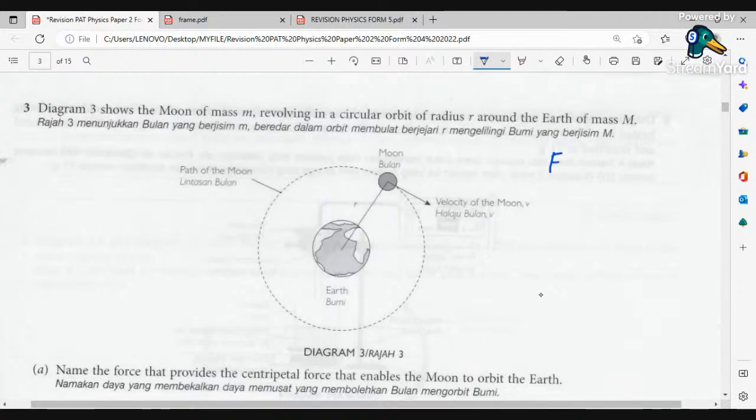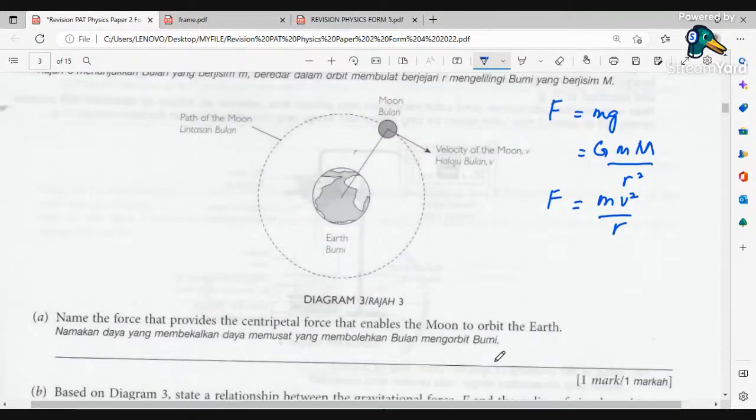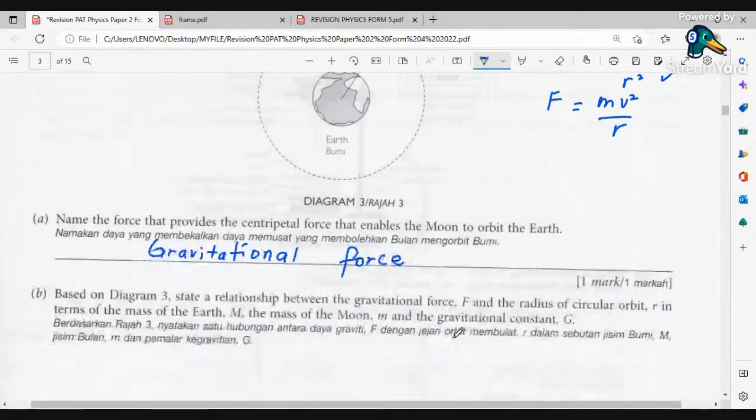Of course, we have discussed gravitational force, GMm divided by r squared, and this equals centripetal force, mv squared over r. So the force that provides centripetal force is actually gravitational force. Both can be used, this one or this one. 1 mark.